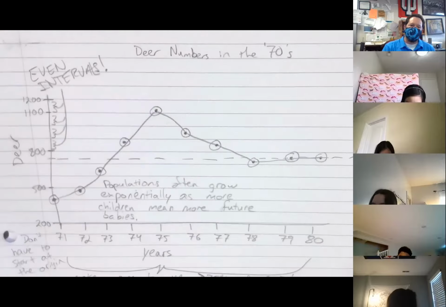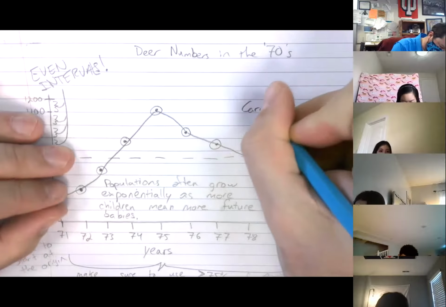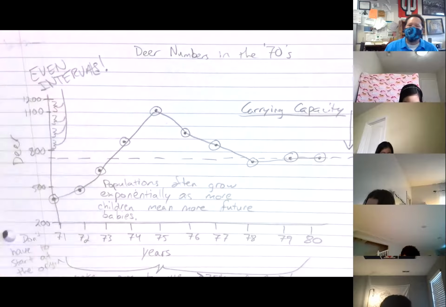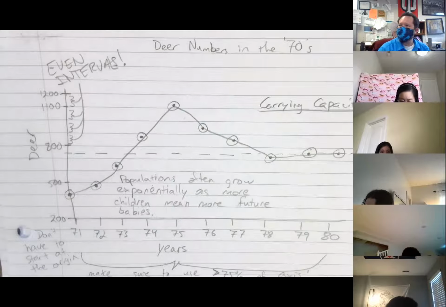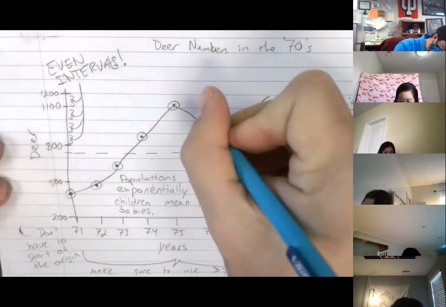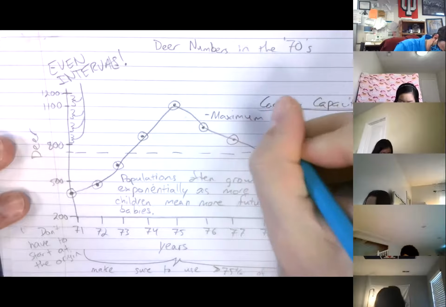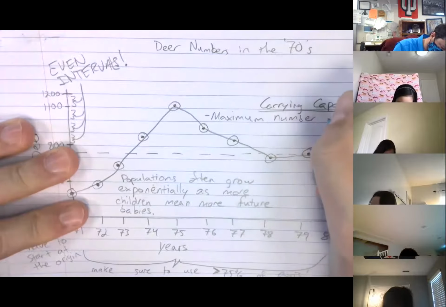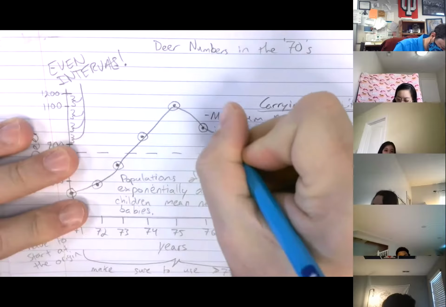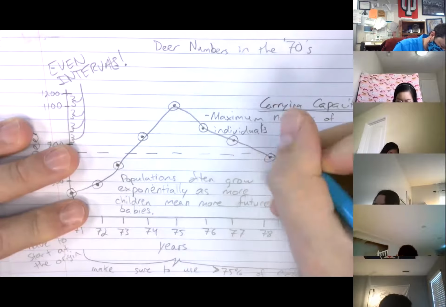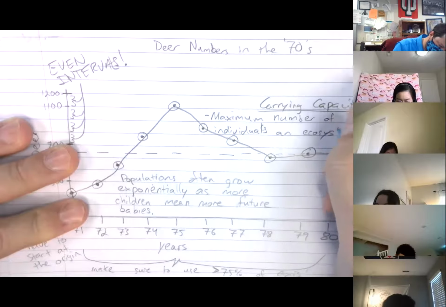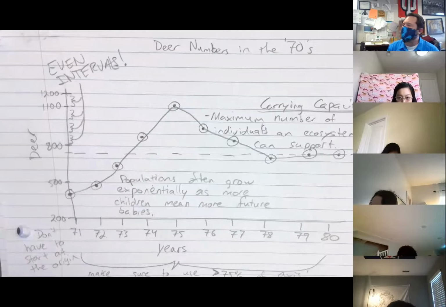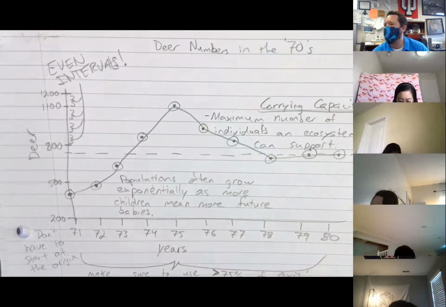That dotted line is what we call the carrying capacity, which is the maximum number of individuals, in this case deer, but it could be any population.